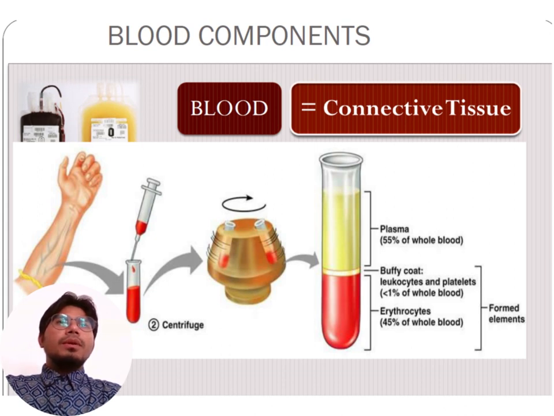Plasma contributes 55%, leukocyte and platelet about 1%, and the rest, 45%, is contributed by erythrocyte or red blood cell. Both cellular elements are known as formed elements.